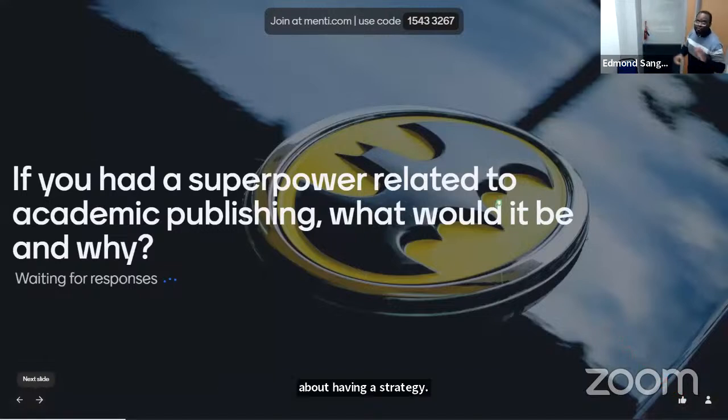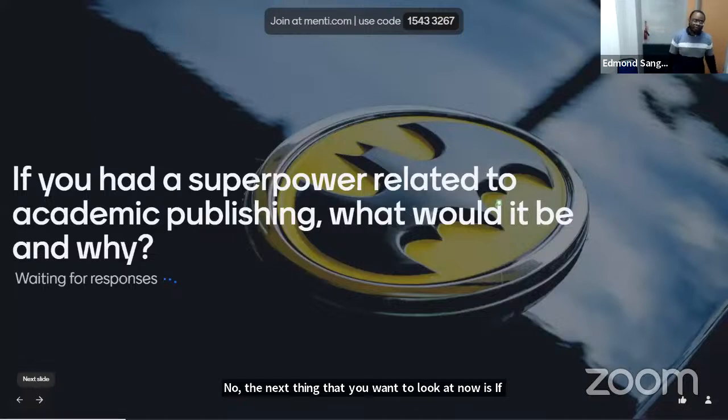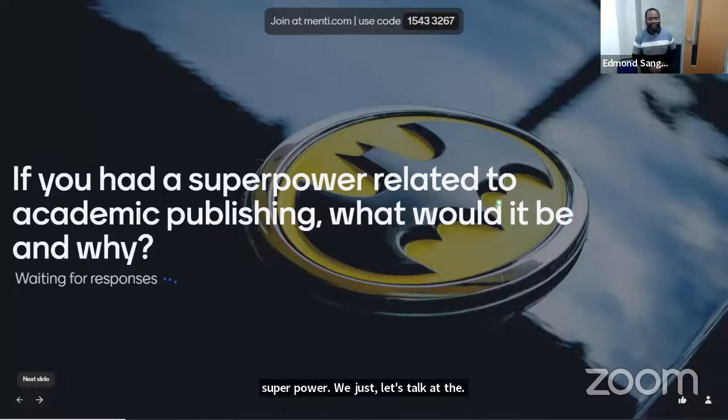Now, the next thing that we want to look at is, if you had a superpower related to academic publishing, what would it be and why? I want you to write your response. If you had a superpower which is related to academic writing, what would it be and why? Make it fun, make it exciting, make it interesting, be creative.